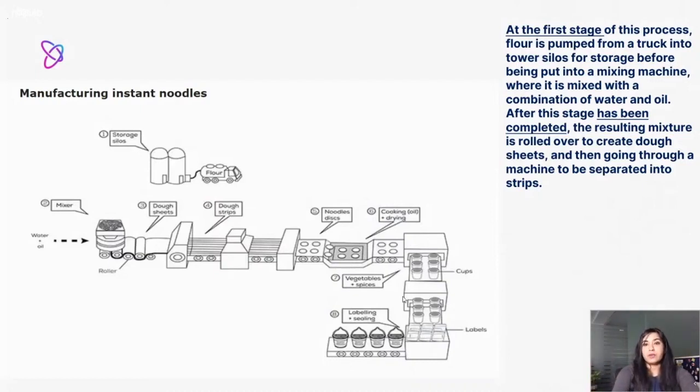Here we've written, at the first stage of this process, flour is pumped from a truck into tower silos for storage before being put into a mixing machine, where it is mixed with a combination of water and oil. After this stage has been completed, and I'll tell you why that's underlined as well, the resulting mixture is rolled over to create a dough sheet, and then goes through a machine to be separated into strips.